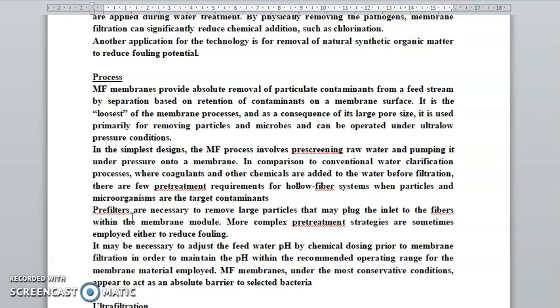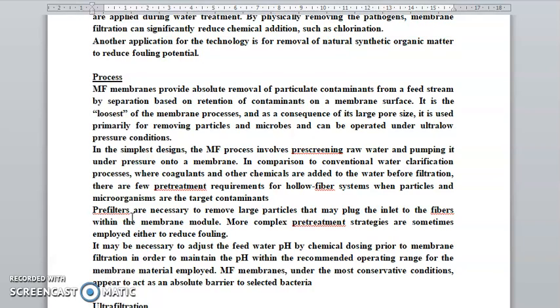Pre-filters are necessary to remove large particles that may plug the inlet of the fibers within the membrane module. More complex pre-treatment strategies are sometimes employed to reduce fouling.